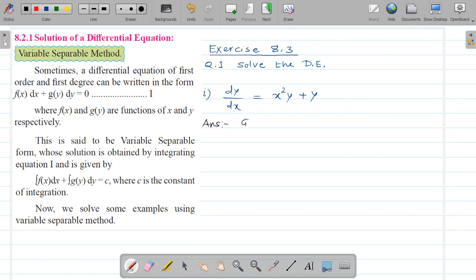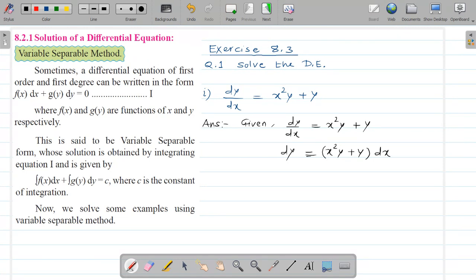So first of all I will write the given equation, dy by dx is equal to x square y plus y. Now I will transfer this dx to the right hand side. So dy is equal to x square y plus y into dx.